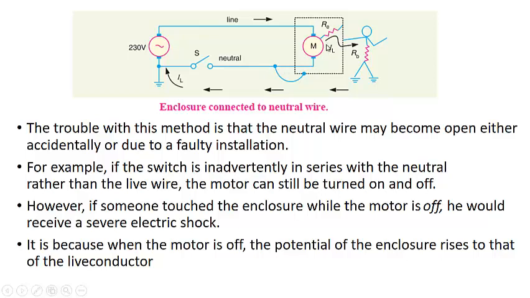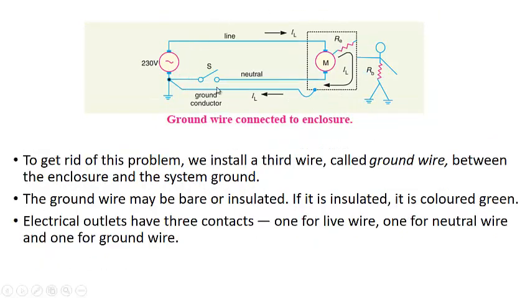In that case, again the current will flow through this path, and this person will experience a shock, and it may result in death. So this is also very dangerous. To avoid these things, we can use one more wire like this from the casing to the ground, known as the ground wire, apart from the neutral wire.